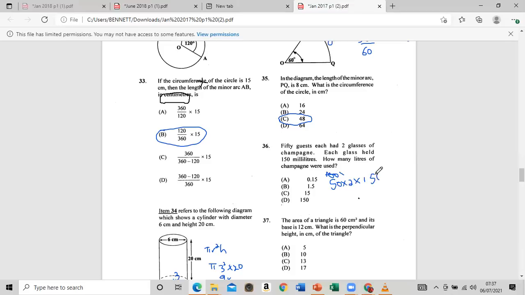Okay, 15,000. So in all we have 15,000 milliliters. So we know that 1,000 milliliters is equal to 1 liter. So we just divide this by 1,000. So that's 15.